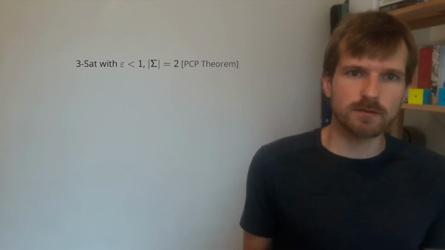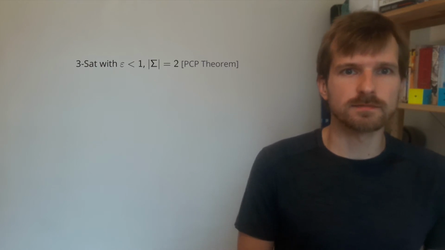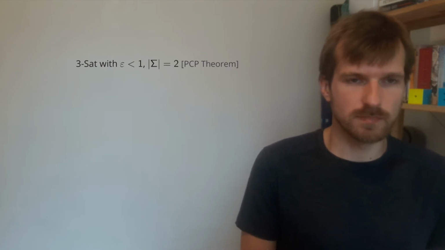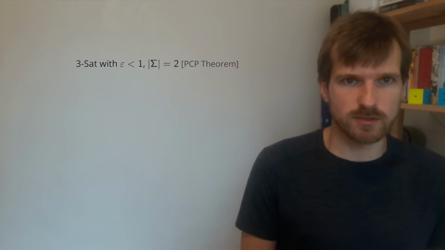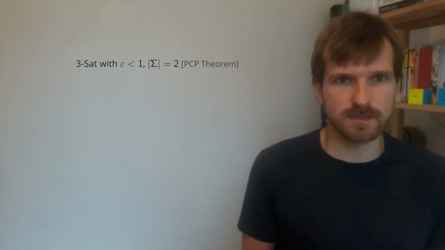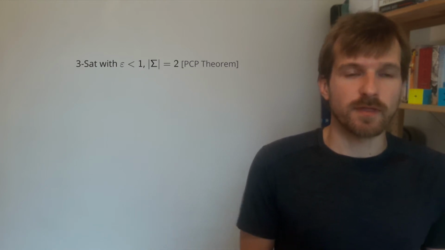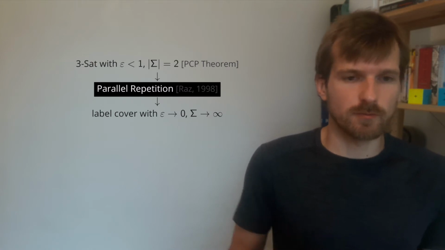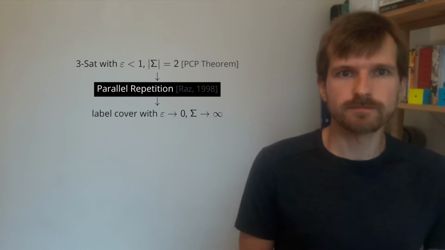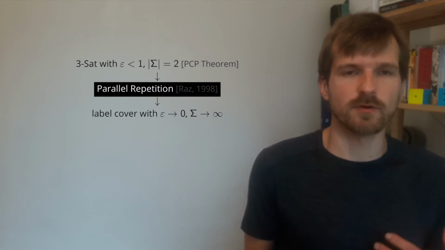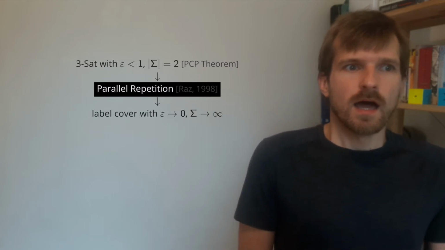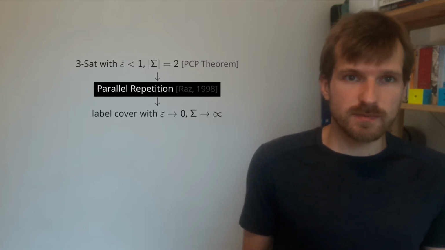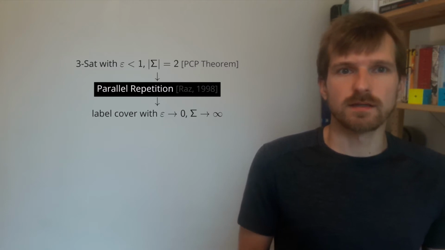And what you are trying to do is to lower the epsilon as much as you can. Thankfully there is a method to lower the epsilon. It's called parallel repetition. This is based on the theorem of Raz, that allows you to bring the epsilon as close to 0 as you want, but there is a price to pay for it.